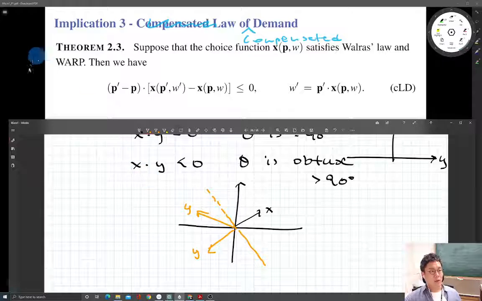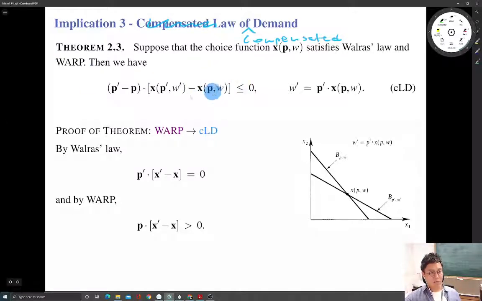So with that interpretation in hand, if we go back to this dot product, this inequality tells us the change in price and the change in demand after compensation indicate different directions. That is the general version of the law of demand.